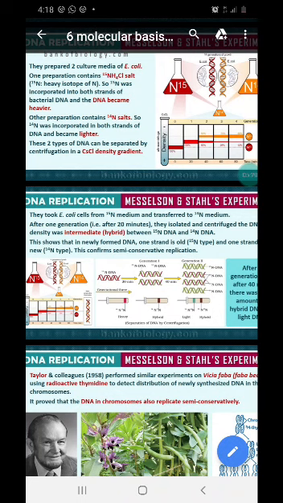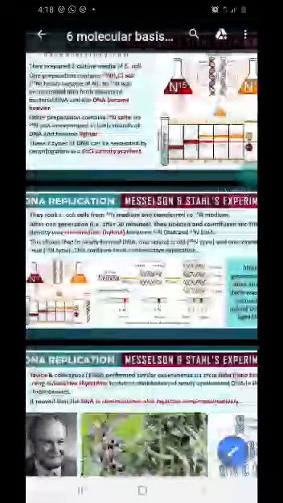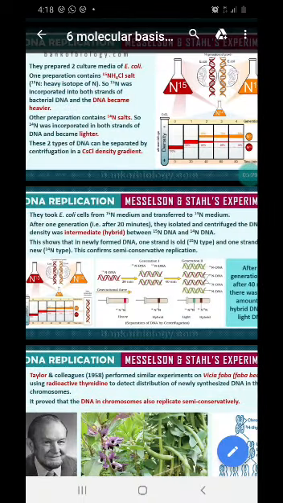Now this group of bacteria are transferred to another medium containing ammonium chloride, of which the nitrogen is the normal nitrogen, which means N14. Now, for these bacteria, this N14 is the only source of nitrogen.